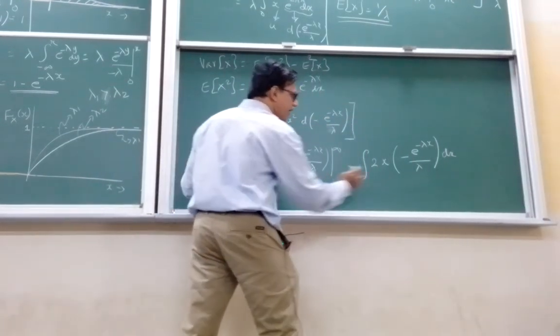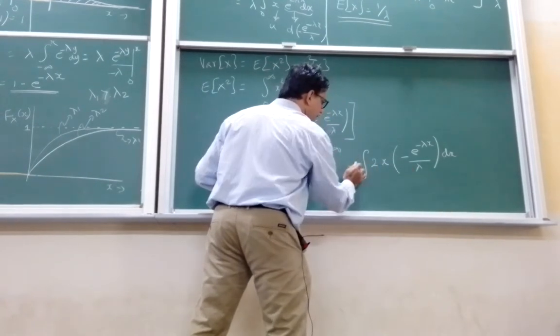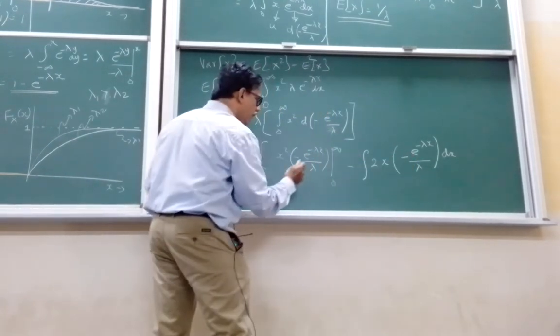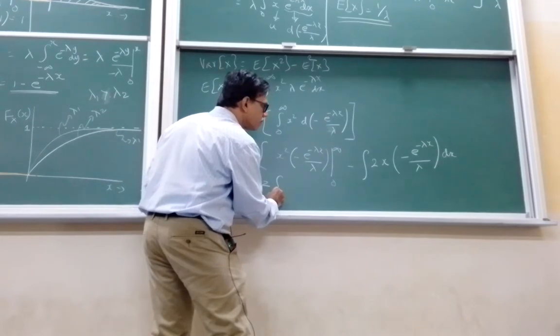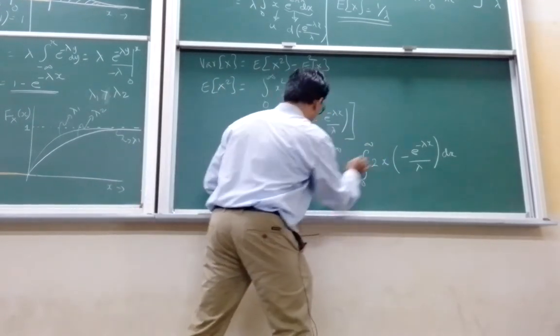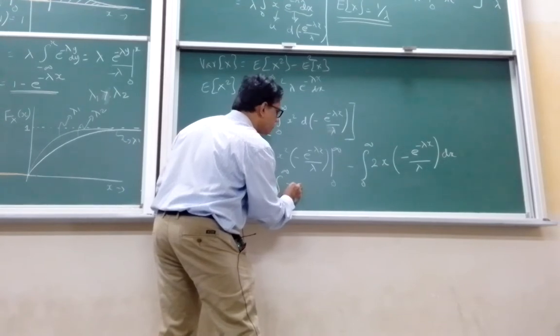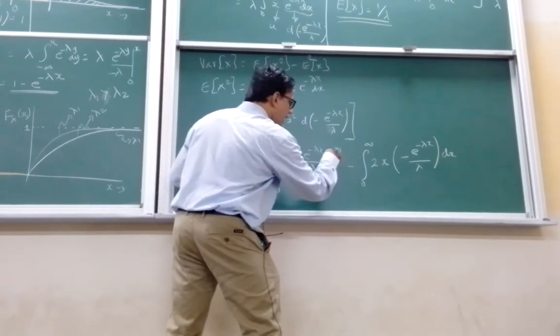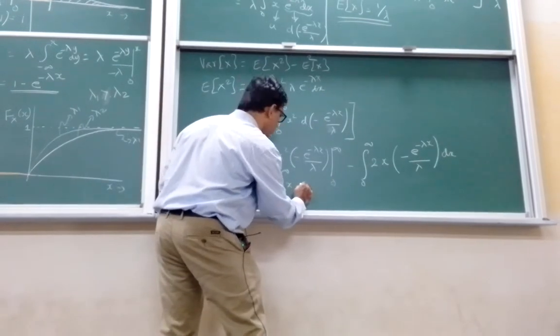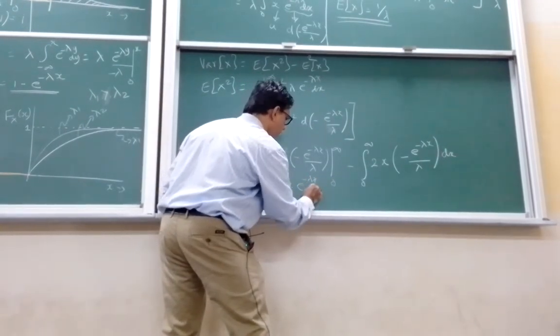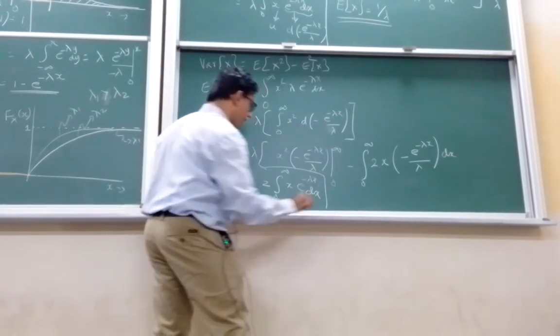Then this lambda is there, this lambda is there, this minus is there, so it goes away. So it is 2 times the integral from 0 to infinity of x, e power of minus lambda x. This lambda and lambda we have cancelled. This is what we are getting now.